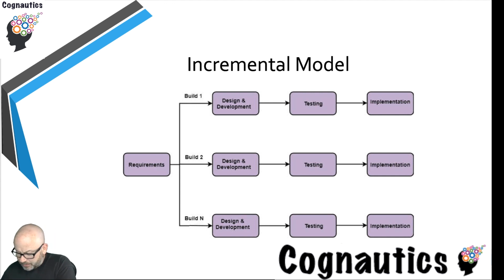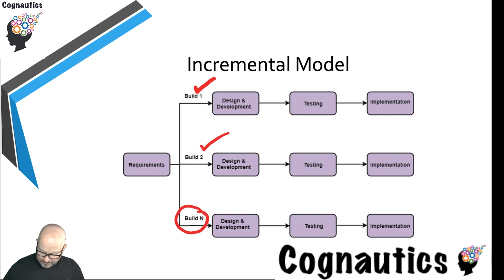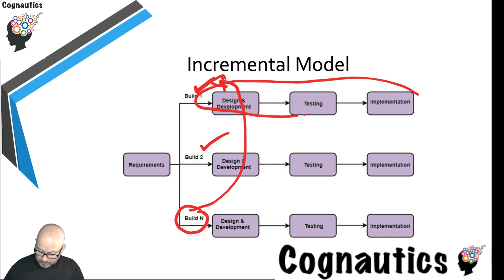Imagine that you've put build 1 in place, it's all working absolutely fine, and then you put build 2 in place and it's working perfectly, but then when you put build N in, it turns out it doesn't actually work that well with build 1, which means that you then have to redo build 1, which could lead to having to redo build 2 as well. And by the time you get to that, build 3 might not work.